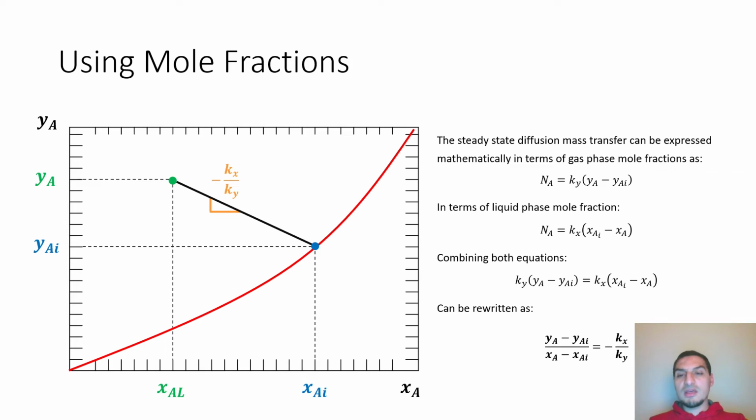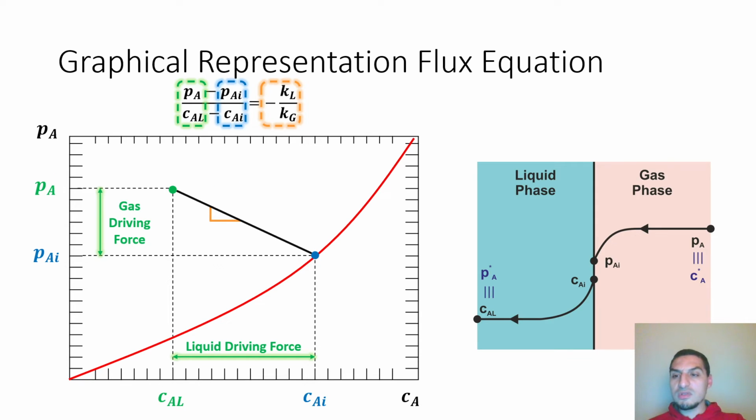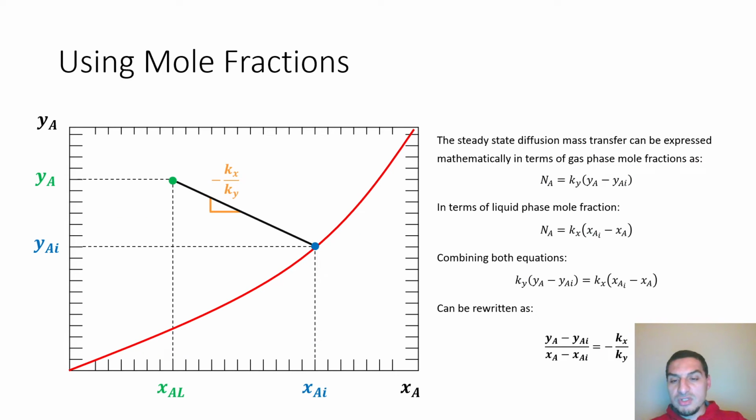So what we saw here was the relation in terms of pressure and concentration, or partial pressure and concentration. But if you represent your system with the units of mole fractions, for instance, then you can do the same, because again, this is a graphical representation of the equations that we have in the system.